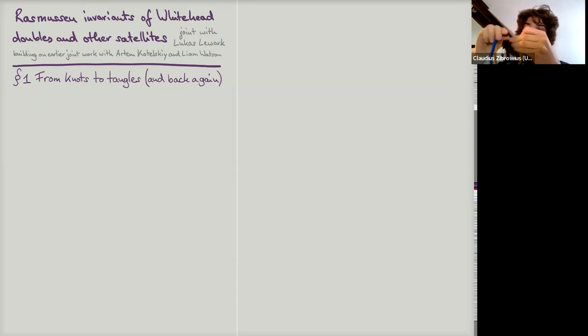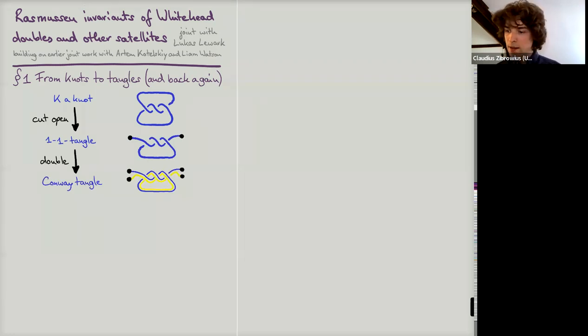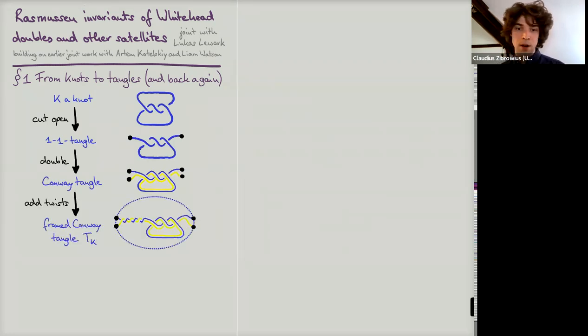And that's the kind of framing that I want to put on this Conway tangle. Let's write this down. We started with our knot K. Then we cut it open, get a 1-1 tangle. Then we double it, and then we add a certain number of twists.